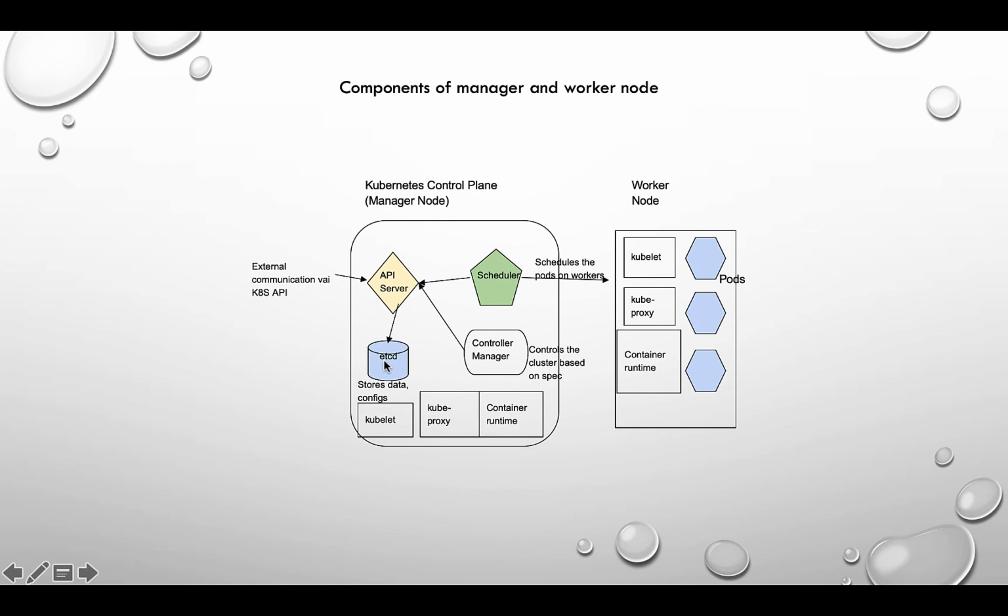It stores all the configurations and data. So that's where all the information about what is running inside the cluster comes from on a manager node. That's a key piece. And then we have the scheduler, which schedules the pods, and the controller manager, which controls the cluster based on the spec, which means your deployment specs, or the YAML files, your manifests.